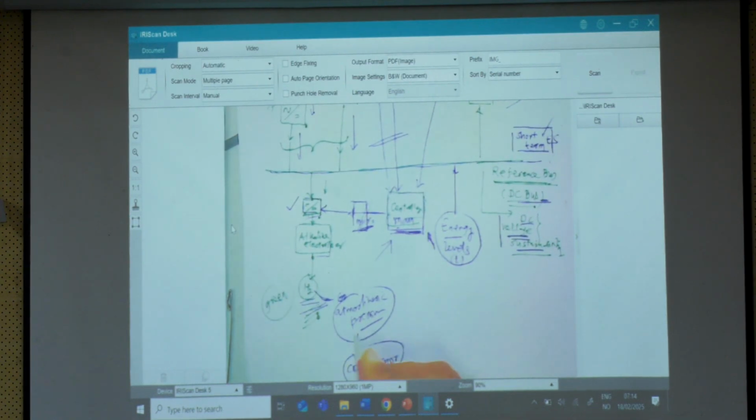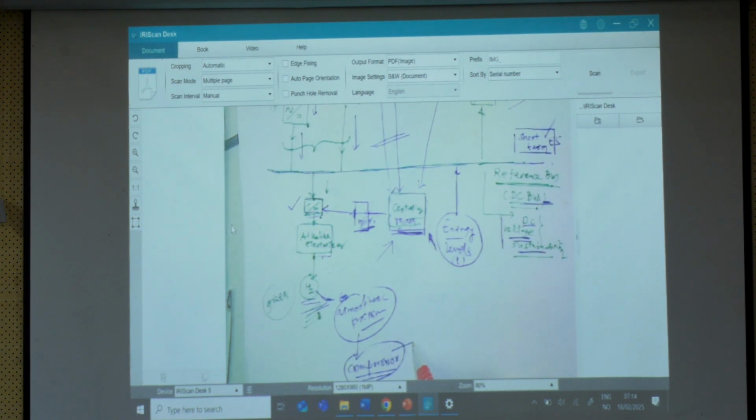For storing the hydrogen which has been produced by the alkaline electrolyzer, we need a compressor, and for this compressor we also need energy, and that energy has to come from these sustainable energy sources. Only then can we say our system is based on sustainable energy technology.